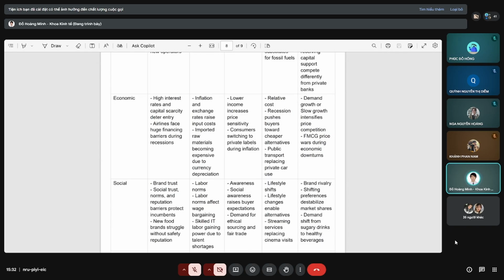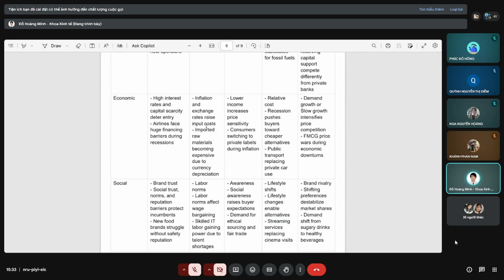So when currency depreciation occurs, it will increase the price of goods imported into a country, right? Or the energy price shock will empower the fuel supplier, right? Or wage inflation can increase the labor bargaining power.